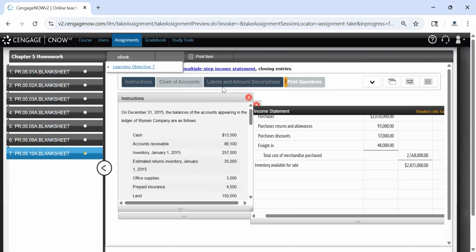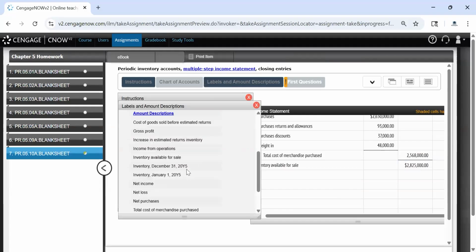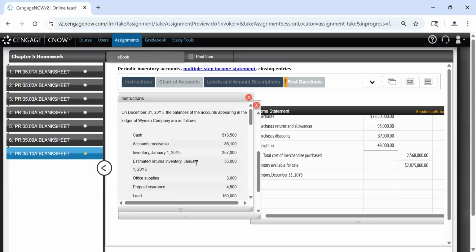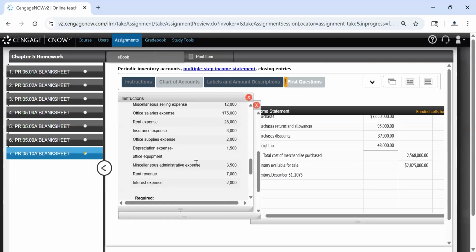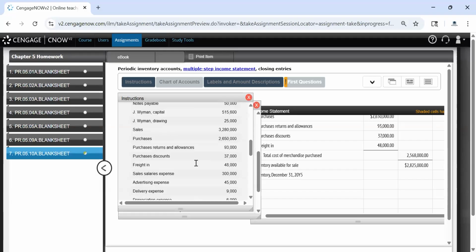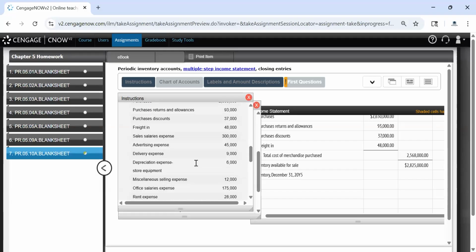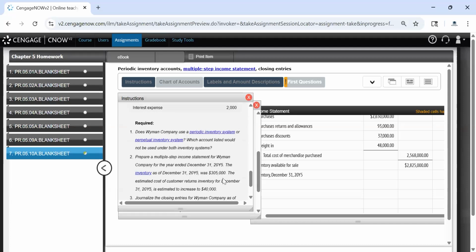Now, our inventory as of December 31st, during our count, let's see in the instructions here. The inventory as of December 31st, 2025 was $305,000.